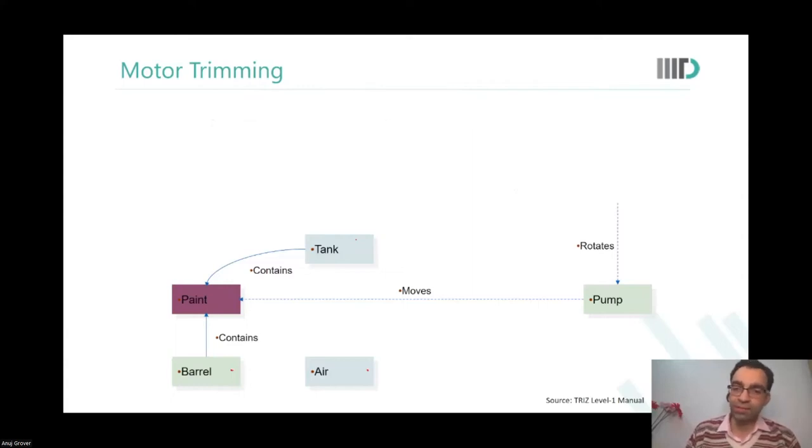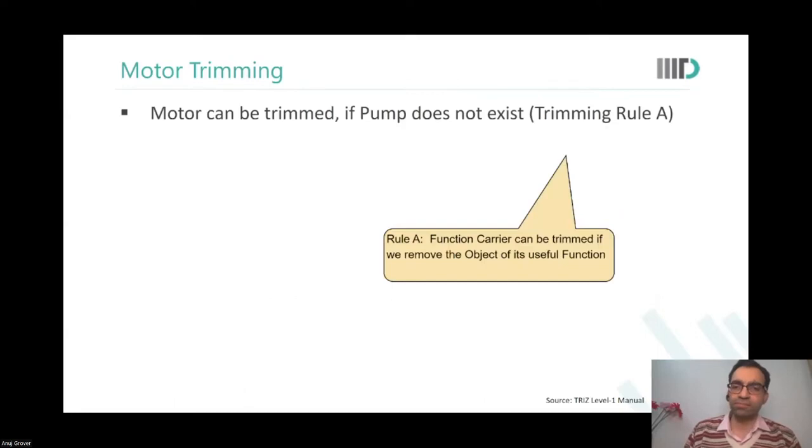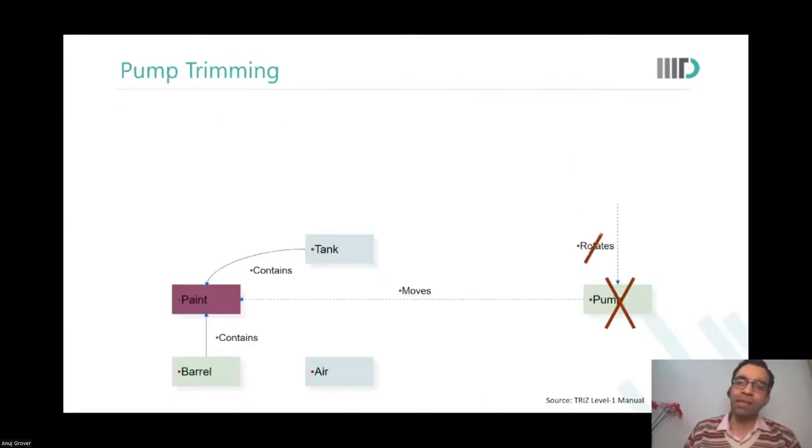Are you able to see this? So either something should rotate the pump or something should move the paint. I say pump, let me remove, because let me remove that cost. So something now needs to move the paint.